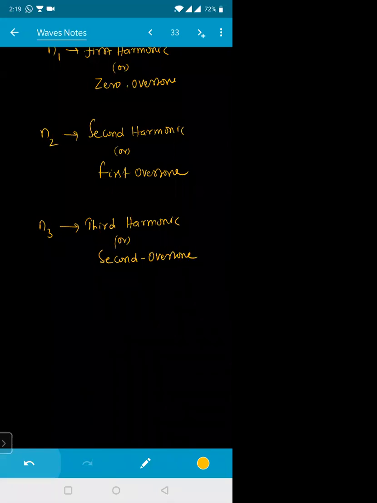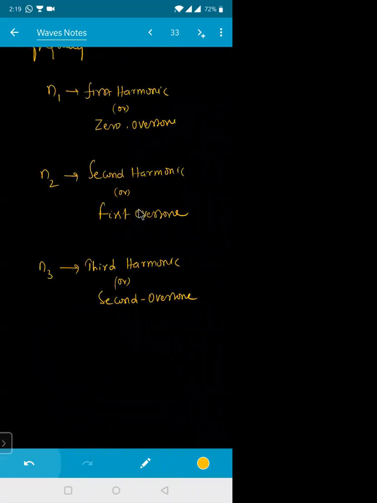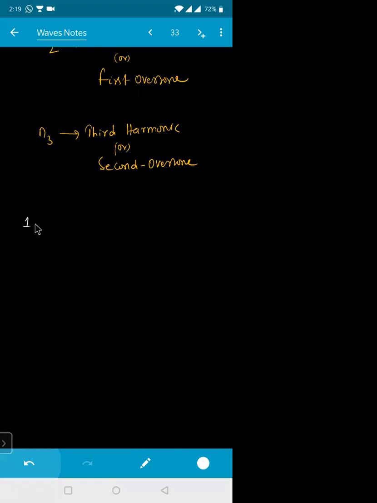So how do you define an overtone, beta? Overtone is nothing but a frequency higher than the fundamental; the frequencies which are higher than the fundamental frequency are called overtones. Is it clear? Yes, sir. So can I orally write like this? First harmonic, second harmonic, third harmonic, fourth harmonic, and so on.